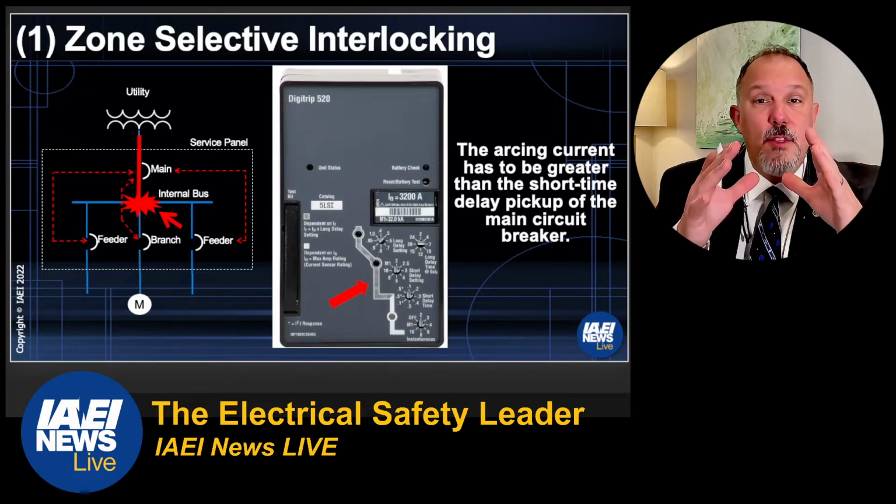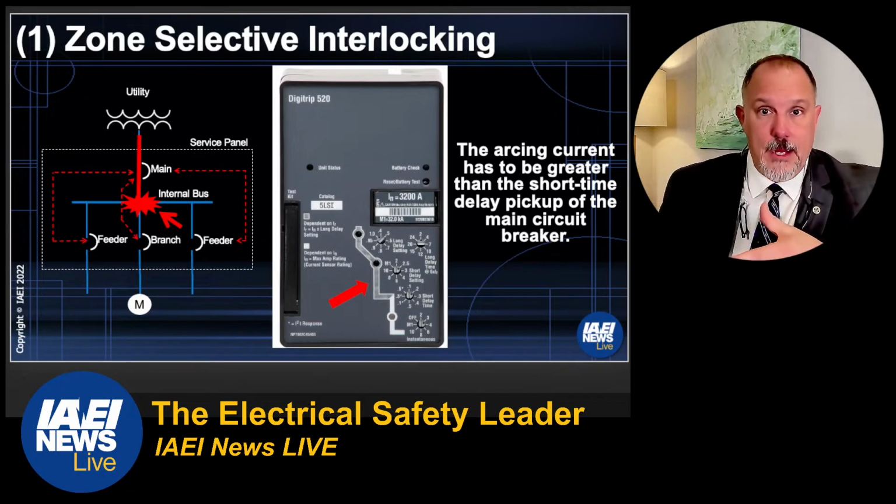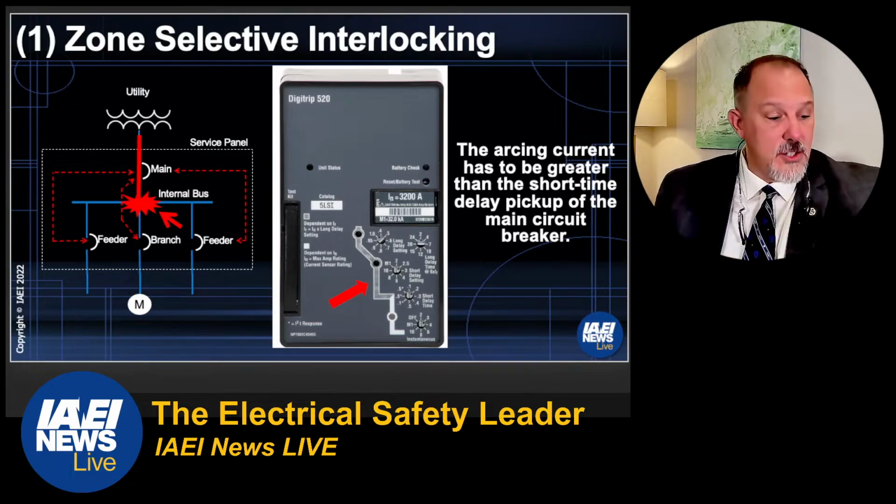The engineers who put the brain inside of these circuit breakers realized they've got a microprocessor. And they realized that if I'm going to employ differential relaying, I'm going to have to put all of these sensors in, and I need relays.